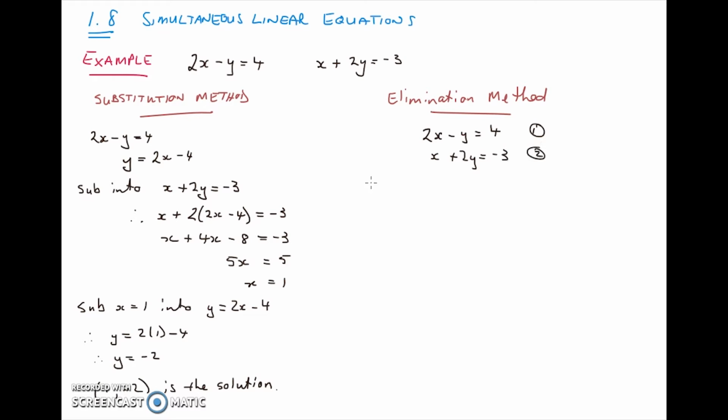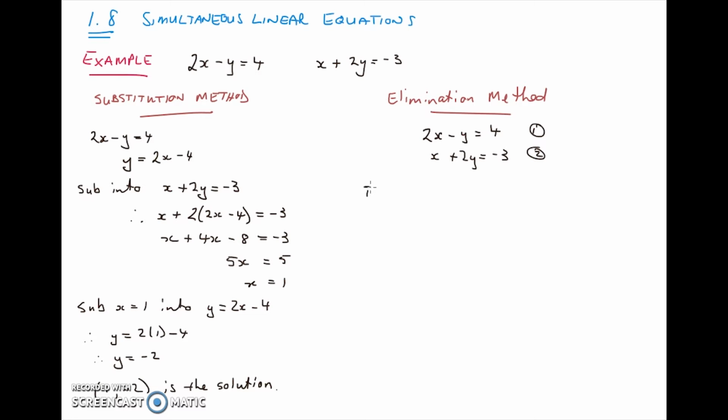And what we need to do is look to see how we can eliminate one of the variables. Now, to eliminate one of the variables, either x or y, we can't just subtract or add as it is now. What we'll need to do is, first of all, multiply either the first equation or the second equation by some number so that the coefficient is the same as in the other equation.